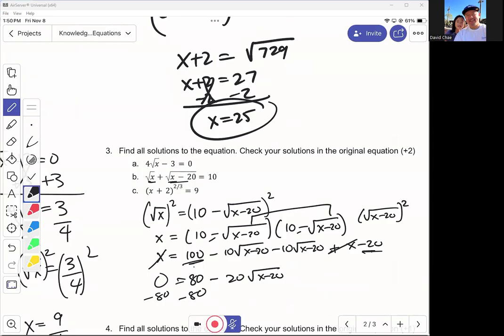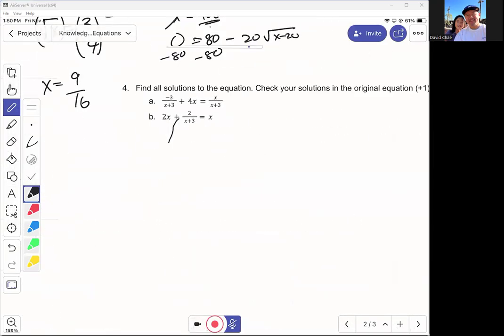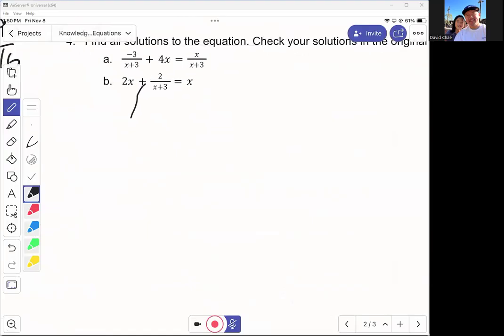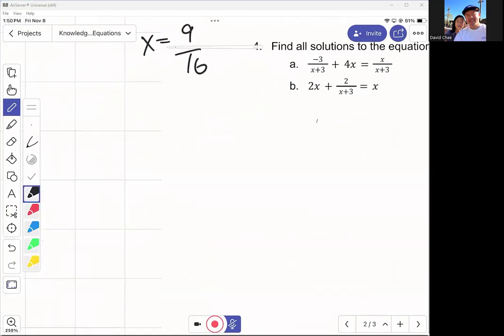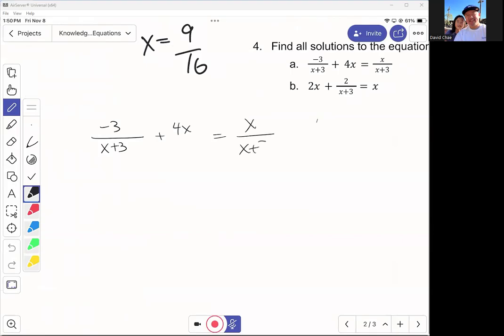Okay, now number 4. These are the rational problems here. A lot of you guys had trouble with these denominators. Let's try to fix this. So let's do letter A. Letter A is -3 over x plus 3 plus 4x is equal to x over x plus 3.